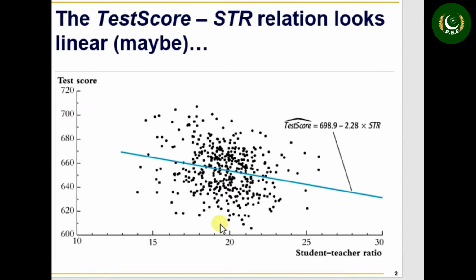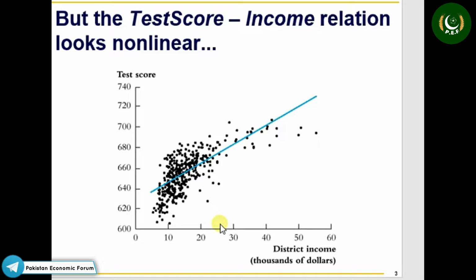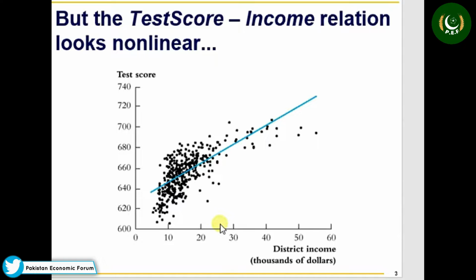Look here, there seems a linear relationship between x and y, class size and test score. But this linear model does not seem a good fit, because the model seems non-linear like this one.